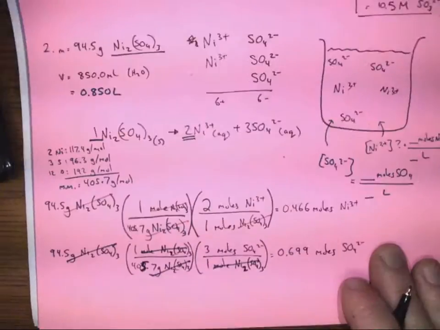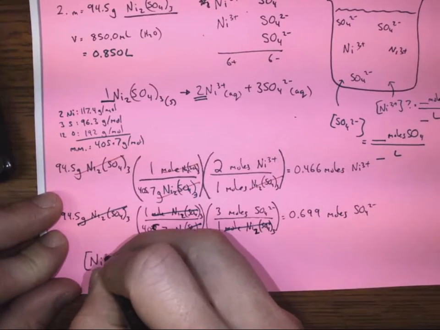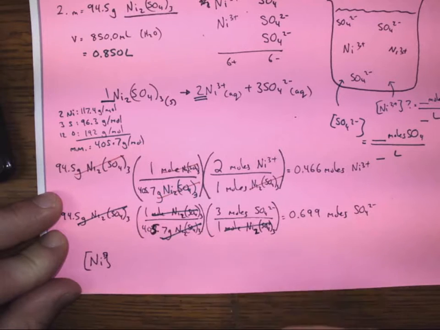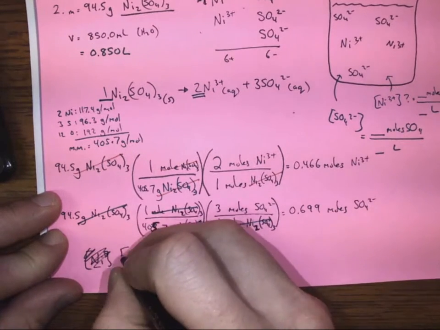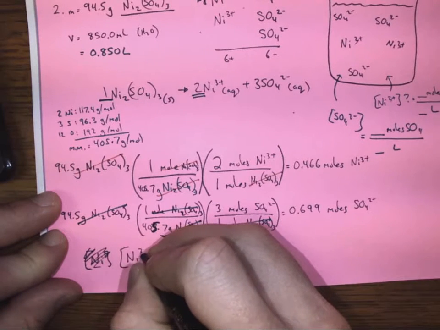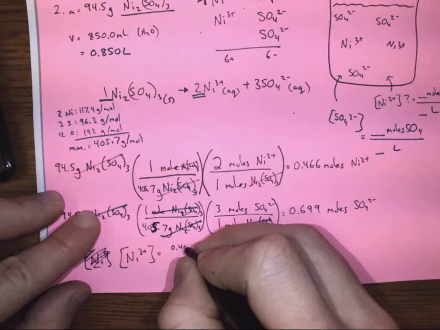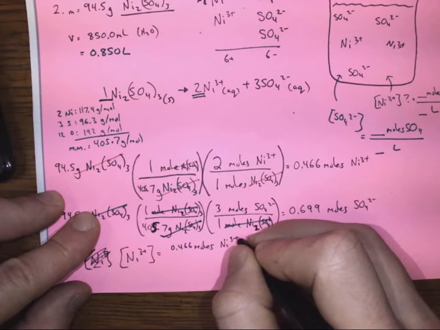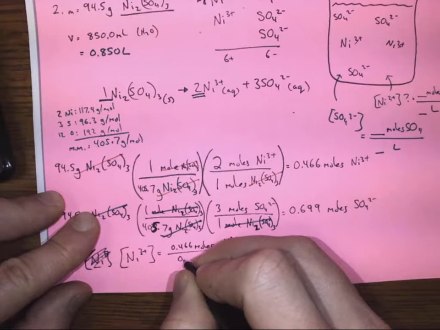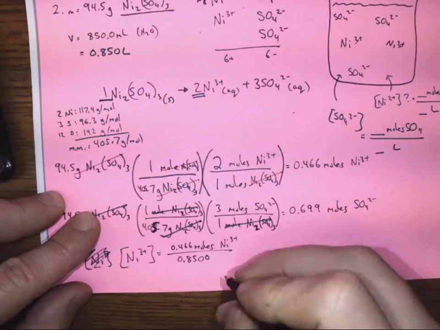So as a final step, I would say the concentration of nickel 3 plus is 0.466 moles nickel 3 plus over 0.850 liters.